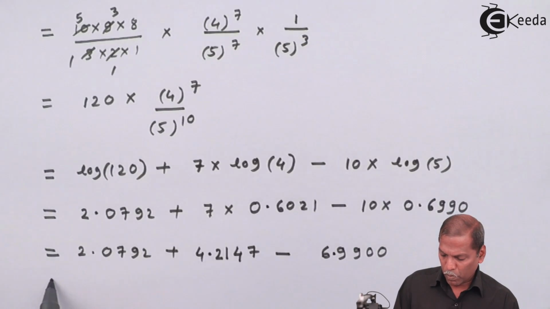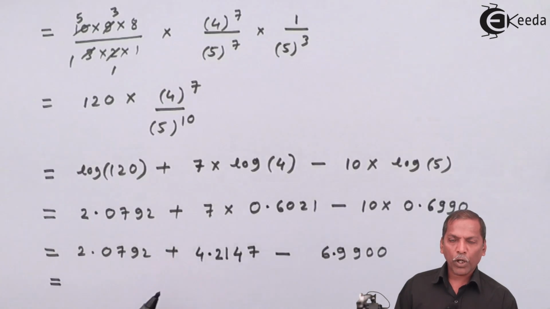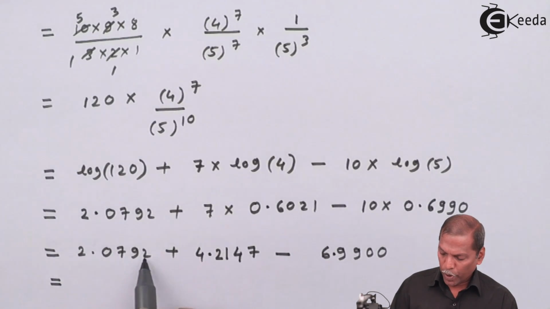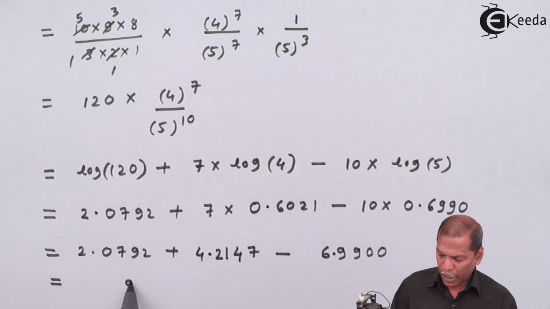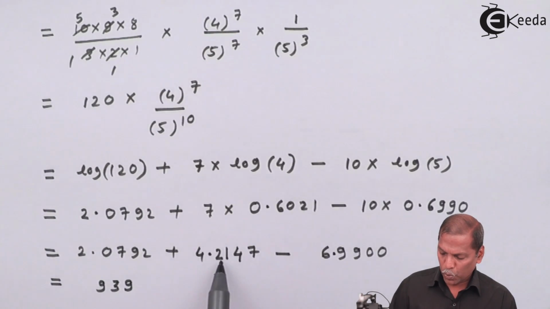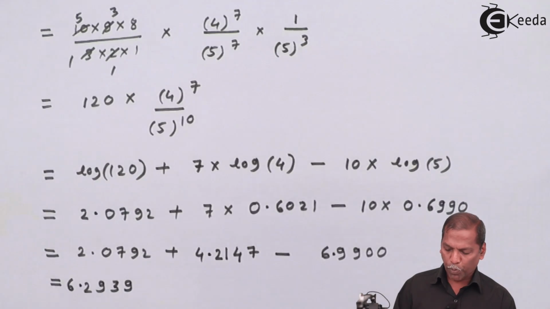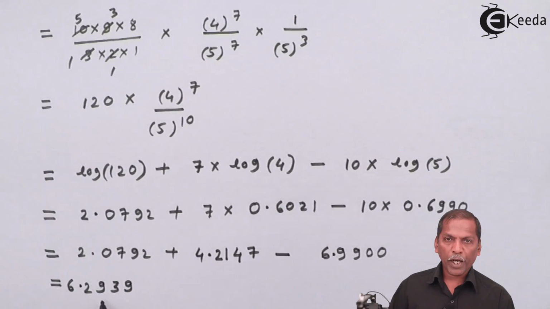Now adding the first two terms we get 2 plus 7, that is 9, 9 plus 4, 13, carry 1, 7 plus 1, 8, carry 1, that is 9, then 0 plus 2, we get 2, then point, then 2 plus 4, we get 6. It means we get 6.2939.